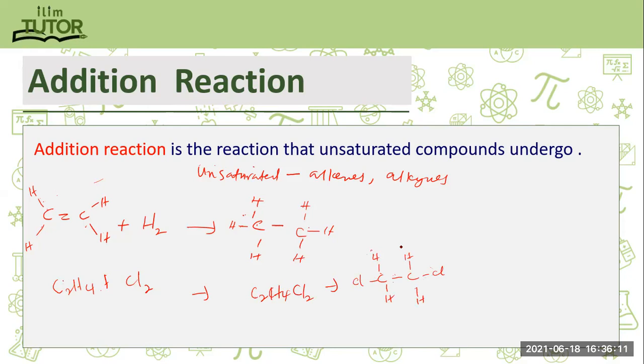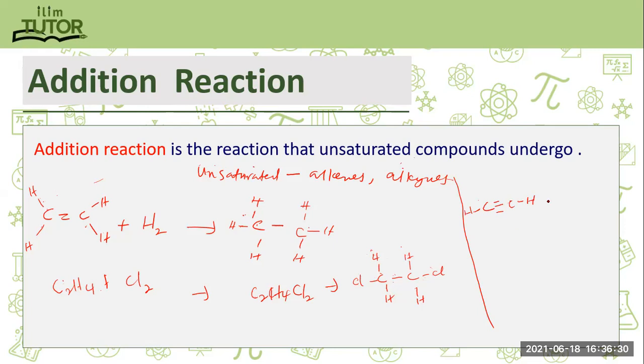So addition, you are adding something. It could also happen for alkynes, but in the case of alkynes with a triple bond, only one of the bonds will go, except for continuous addition.